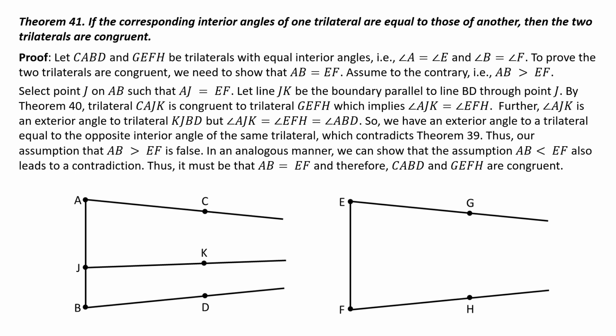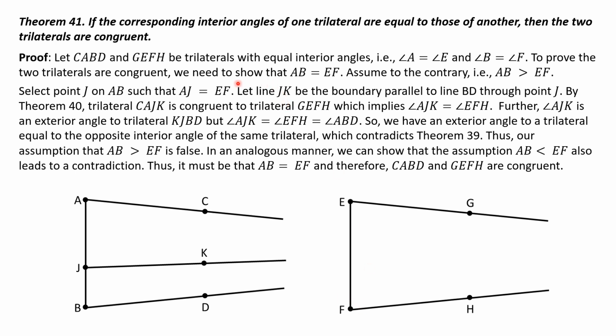We have one more theorem in this lesson. It's another congruence theorem related to trilaterals. It says if the corresponding interior angles of one trilateral are equal to those of another, then the two trilaterals are congruent. So we have two trilaterals here, CABD and GEFH, and we're given that A is equal to E in measure, and B is equal to F in measure.